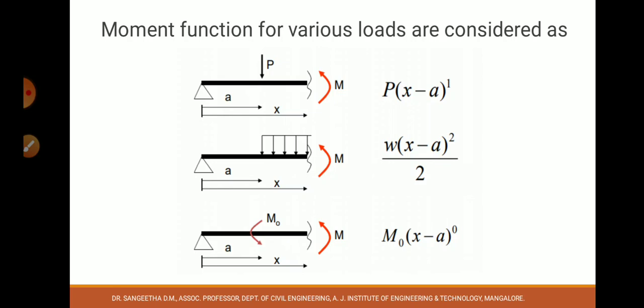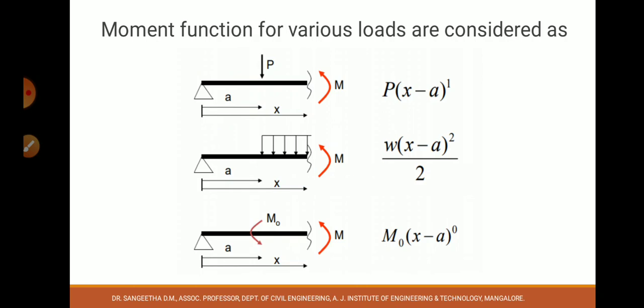Similarly, if it is a UDL, then it is W into L by 2, that is W L square by 2. I am not taking moment about this support, I am taking moment about the other support, which I cannot see. See, x is the total length and P is here. I am taking moment about the other end of the beam, not the support shown here.